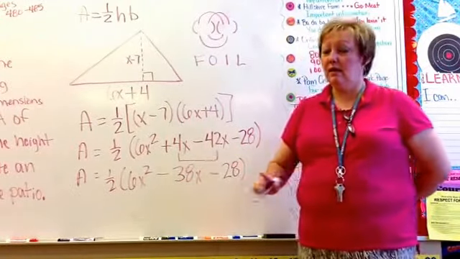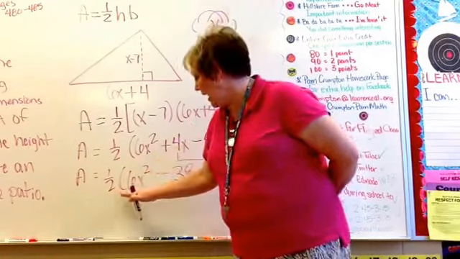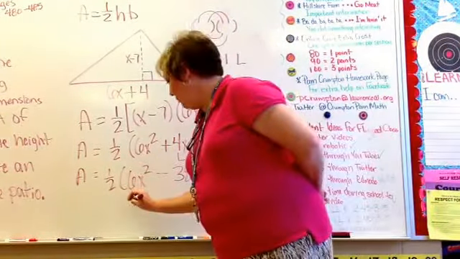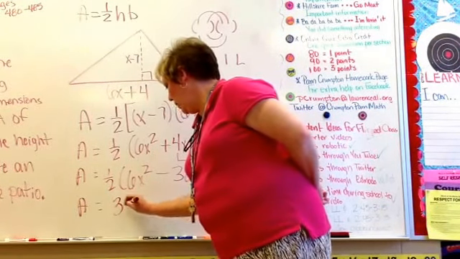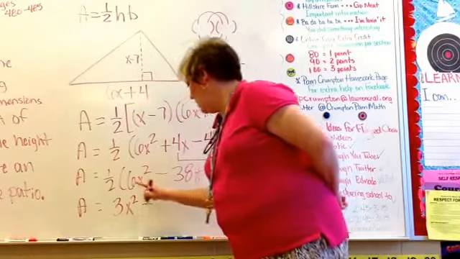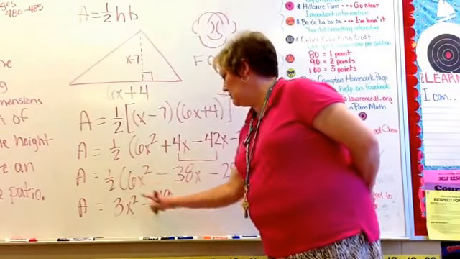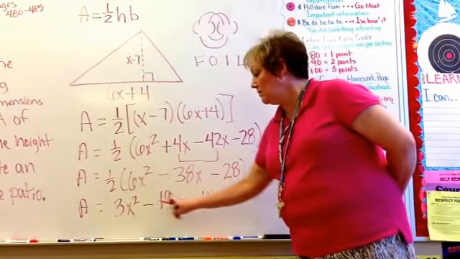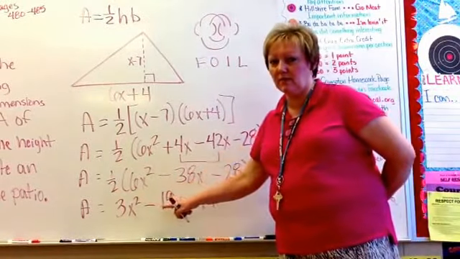Still not done, because now my formula tells me that I'm supposed to take half of each of these coefficients. So half of 6 is 3x squared. Half of 38 would be 19x. And half of 28 would be 14. Make sure you get your signs right in front of these coefficients.